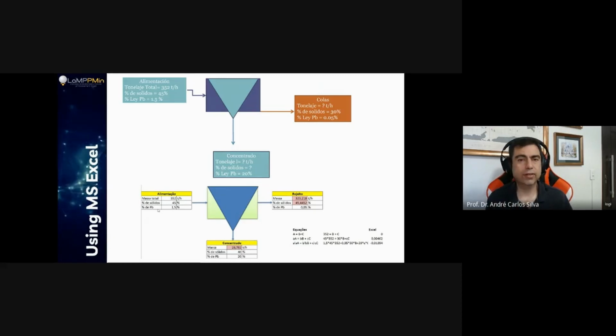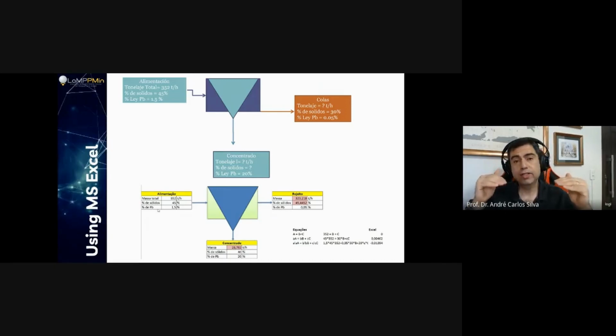So the Solver on Excel is an iterative way to solve problems. What I mean by this is Excel is going to take one value and evaluate the error. So if the error is not okay, it can change this value automatically and evaluate your error again.